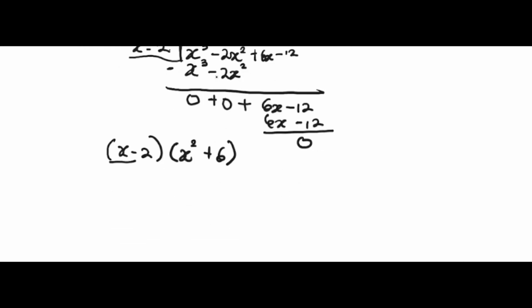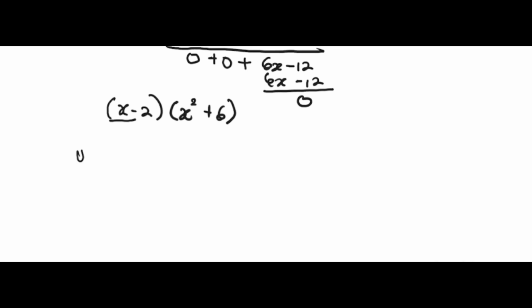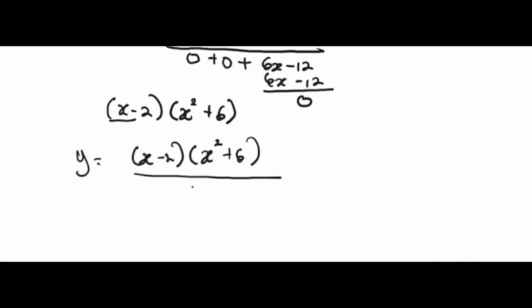So this function can be rewritten as x minus 2 times x squared plus 6, over x minus 2. From here, this will cancel out. So what do we have left? We have x squared plus 6 left. Do you see that?